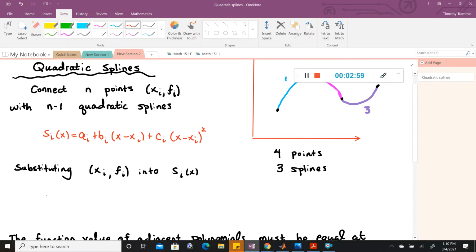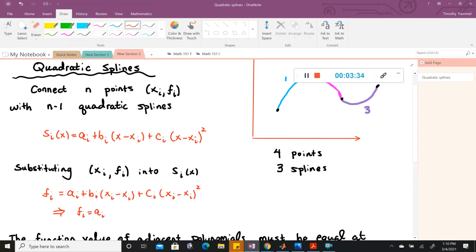That's going to look like f sub i is equal to a sub i plus b sub i times x sub i, because that's what we're plugging in, minus x sub i plus c sub i times x sub i minus x sub i, and then squared. If you simplify that, we get some terms that are 0, so this just becomes f sub i is equal to a sub i.